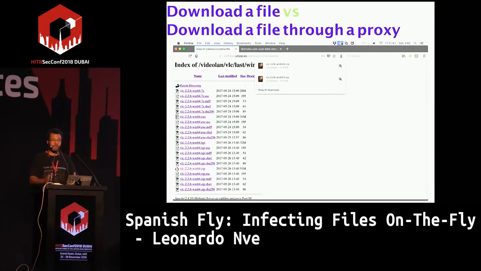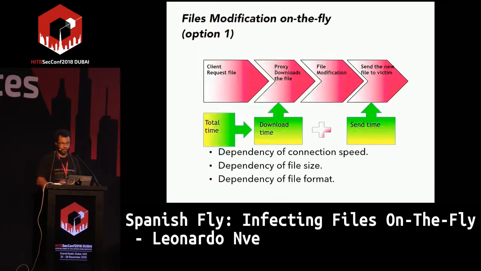So that's the lag time. It's really bad because, in this case, the target can say, "Oh, it's not working," and click again and detect the error. To download the file, infect it, and send it, that's not real on the fly.